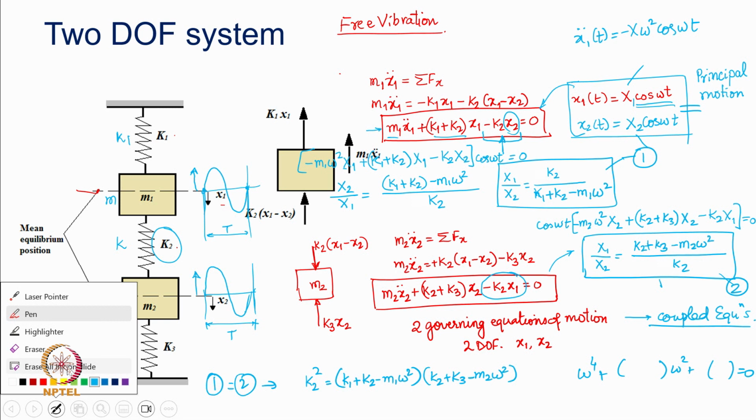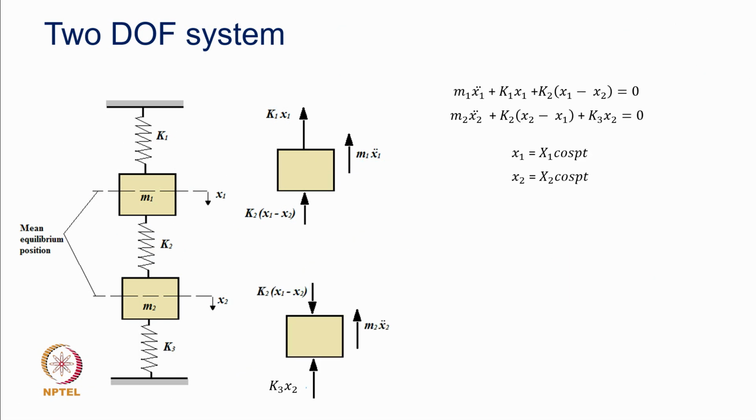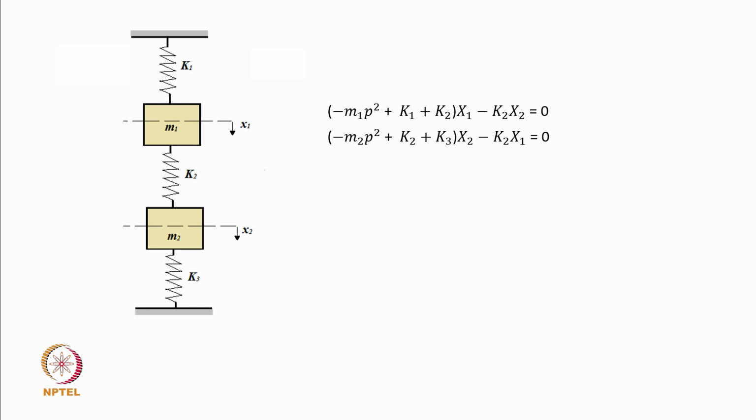Let me clear this off now. So, we did this, got these equations, and we said that okay, this is the normal motion or a principal motion of the system. Then when we substituted, we got the governing equations simplified, giving the ratios between the two amplitudes of the two masses x1 and x2, that is what we wrote.